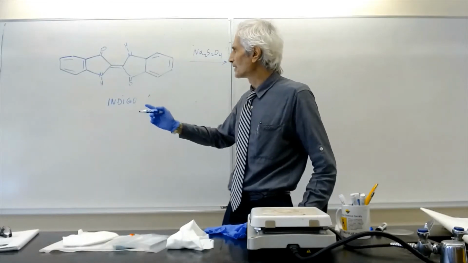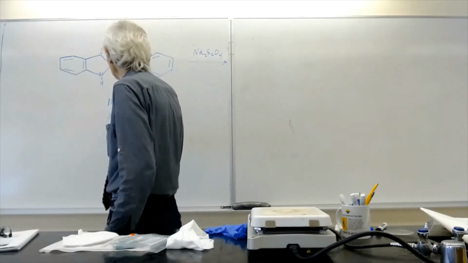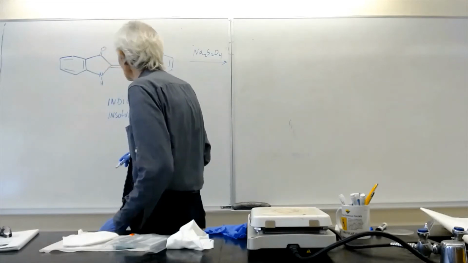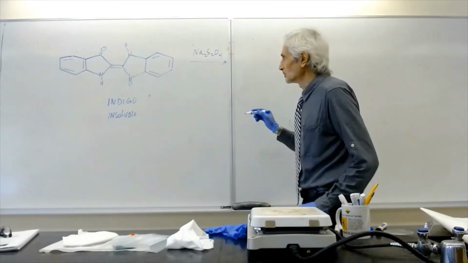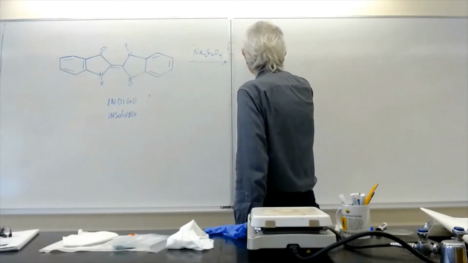So we're going from an insoluble dye to a soluble dye. What does the structure of the soluble dye look like?